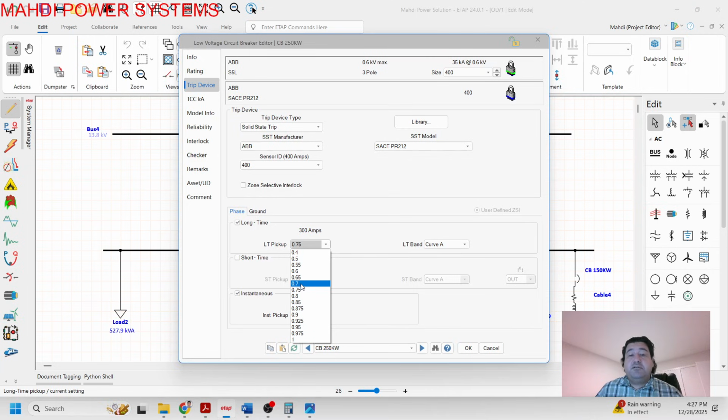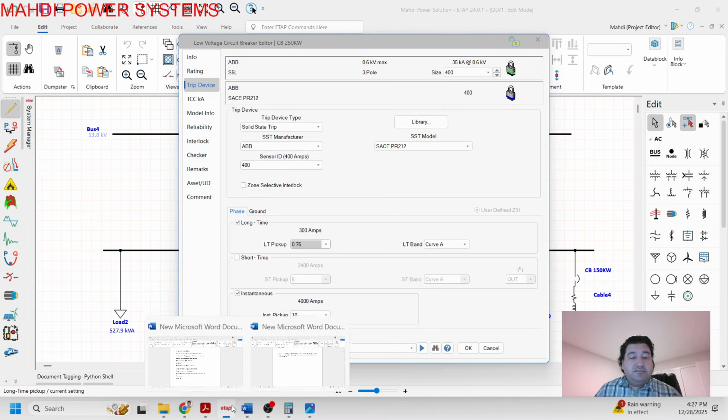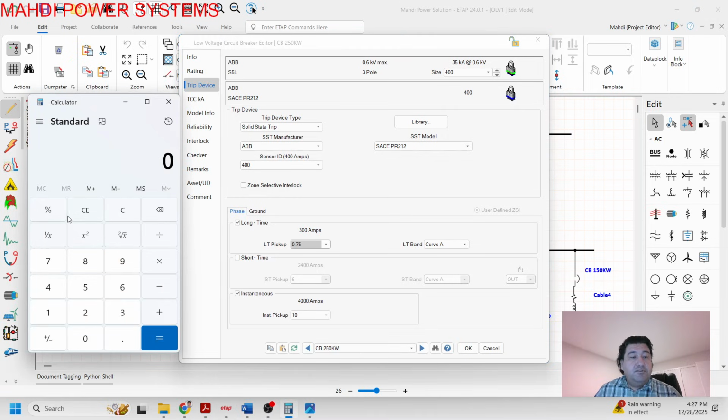Do not round down to 0.70. Round up to 0.75. It gives you 300, because if you multiply 0.75 by 400, let's do it, 400 times 0.75 is 300. This is the pickup of overload or long time.